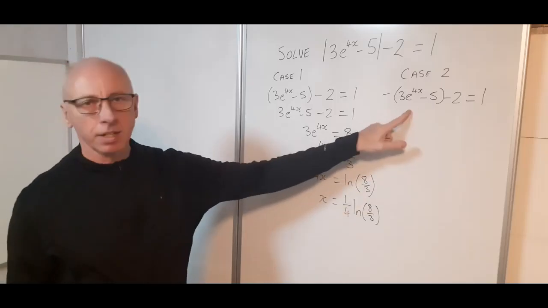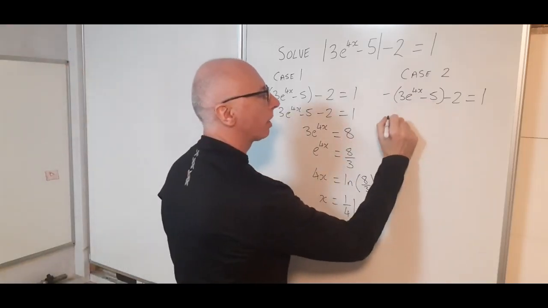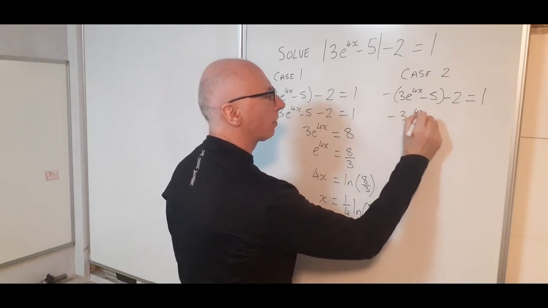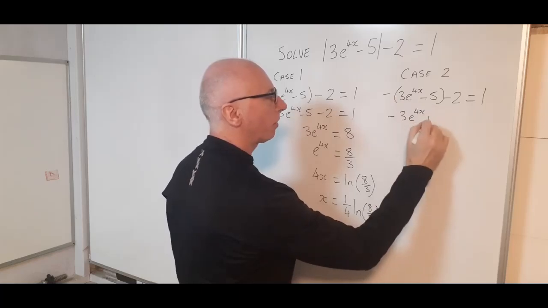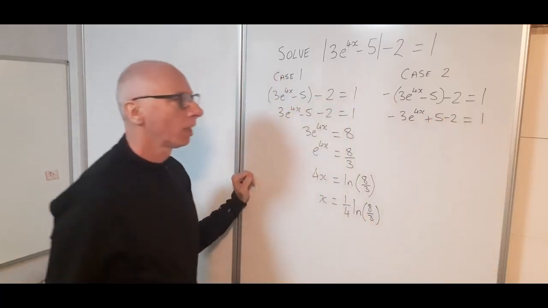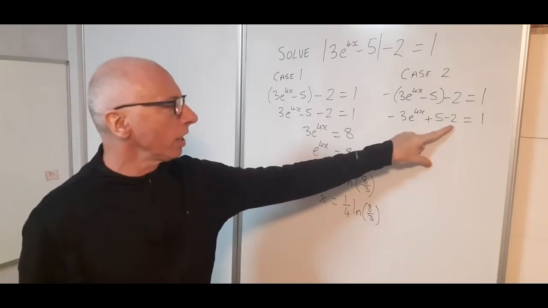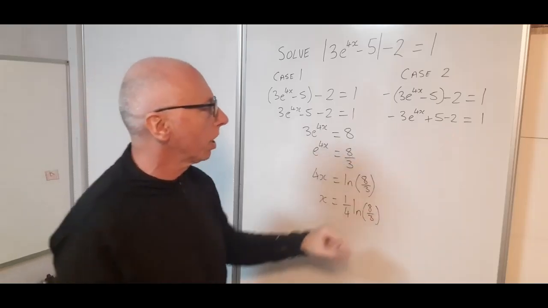Okay, now let's have a look at this case. So now I've got, distribute the minus sign, minus 3e to the 4x plus 5 minus 2 equals 1. Okay, now plus 5 minus 2 is plus 3, so subtract 3 from both sides.